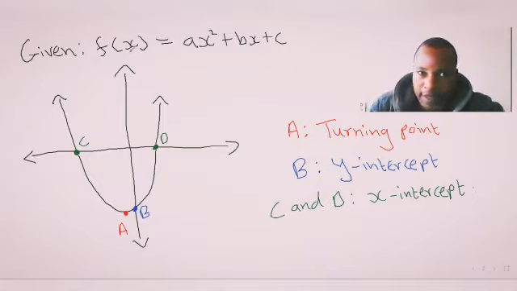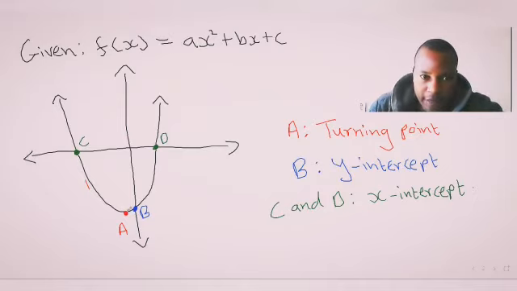Given f(x) = ax² + bx + c, the general form for the quadratic function, and given the sketch as well, this is the parabolic shape made from the quadratic function.